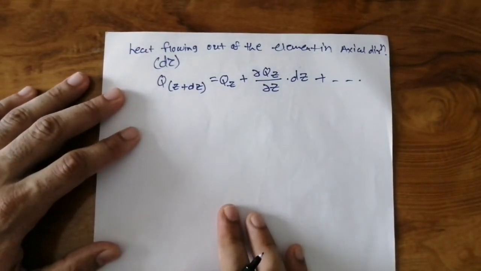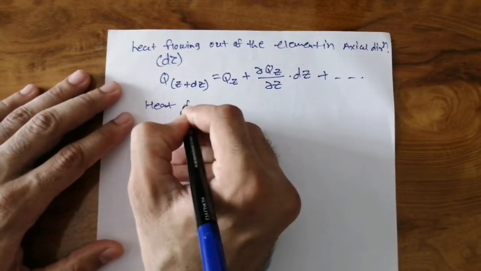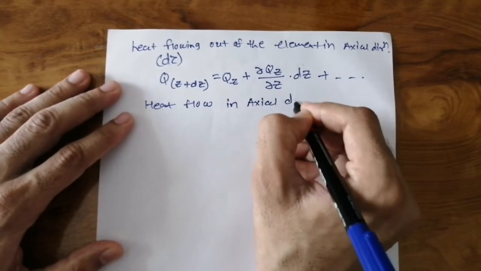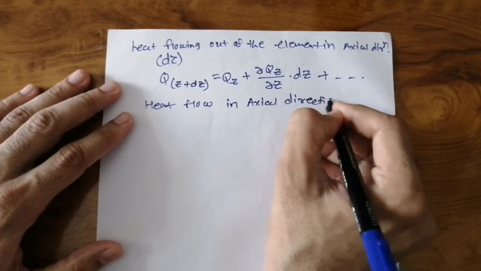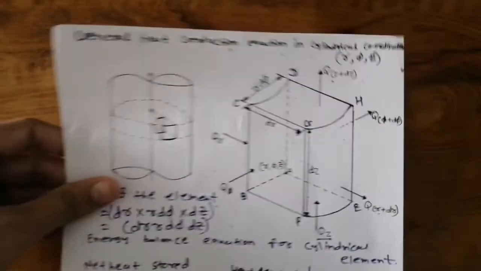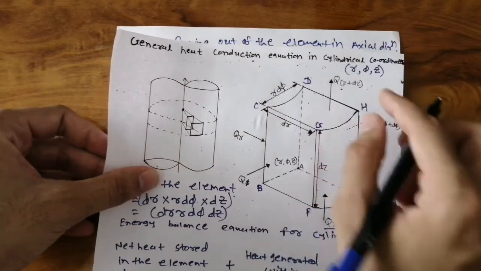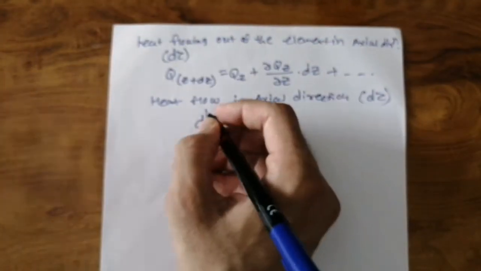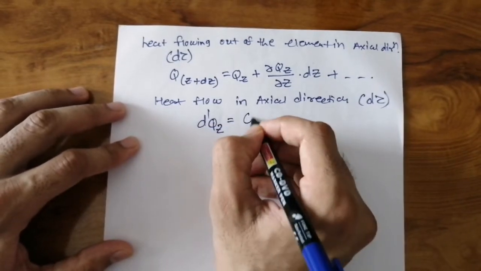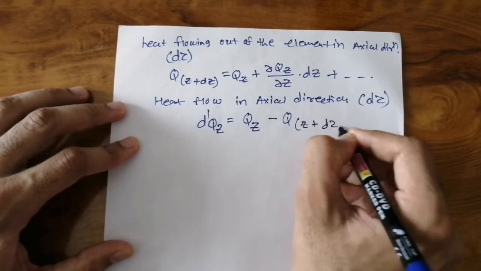Similarly, the energy balance in the axial direction will be considered, with time interval d tau. In the axial direction, in is qz and out is qz plus dz, so we write dqz dash is equal to energy in qz minus energy out qz plus dz.